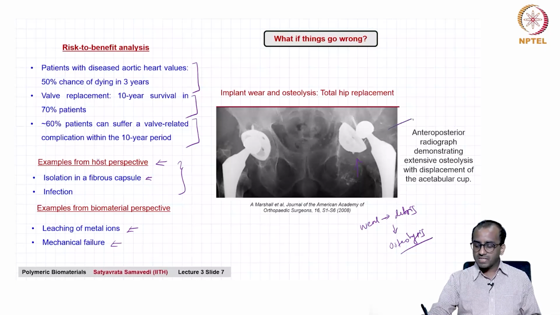Of course, you have these kinds of problems that are unavoidable. There's always a small percentage that will come back with loosening of the implant or other kinds of failure that can happen. But those have to be treated on a case-by-case basis. And with time, if a number of such cases are reported, then it may suggest that there is a deeper problem with the design of the implant itself. And then we will also look at some examples of those as we go through the course.